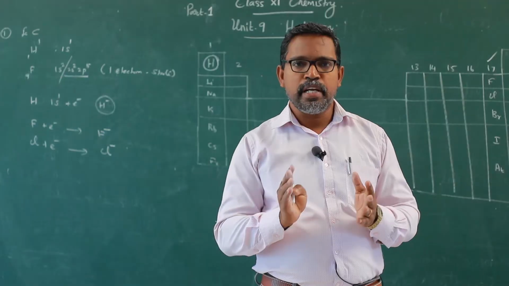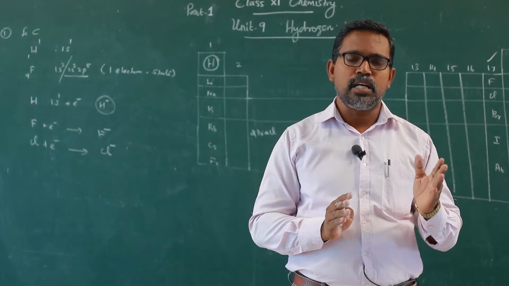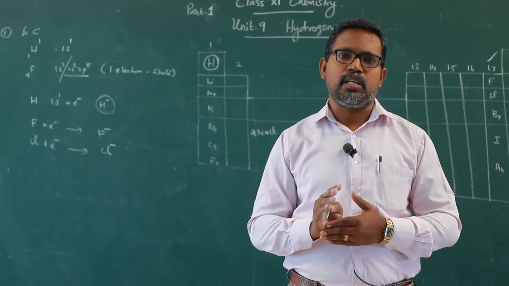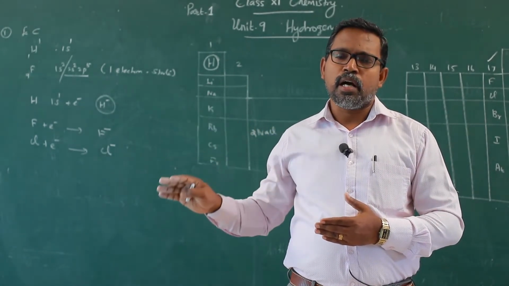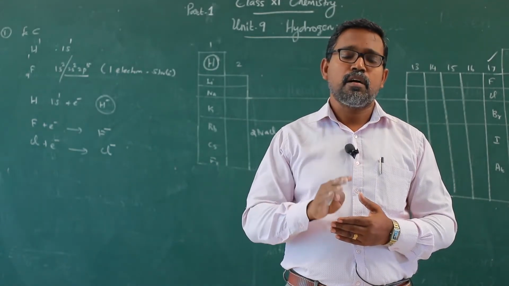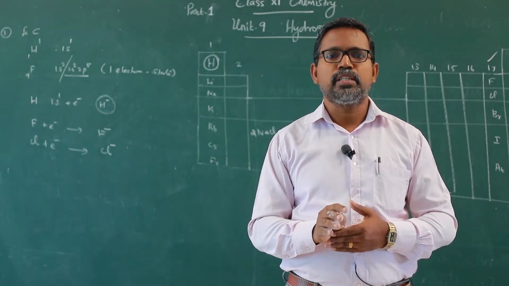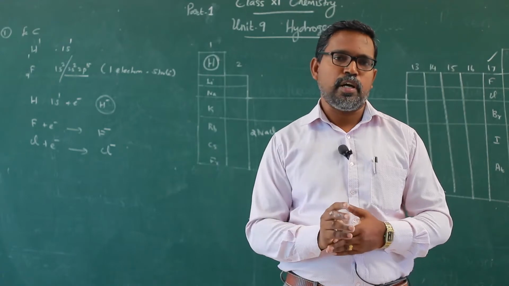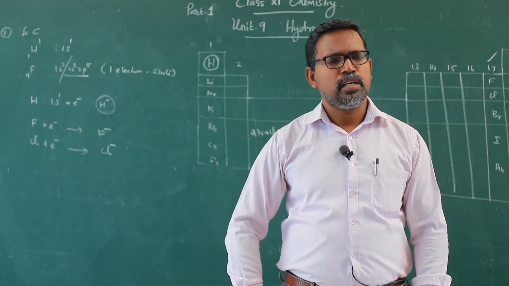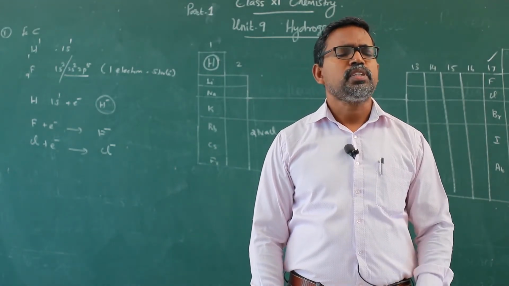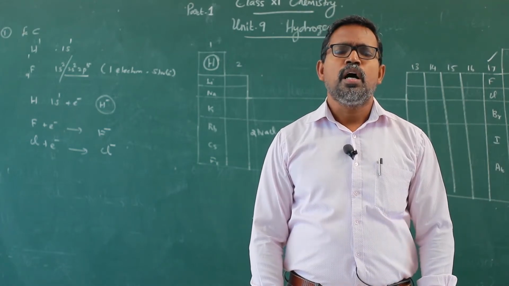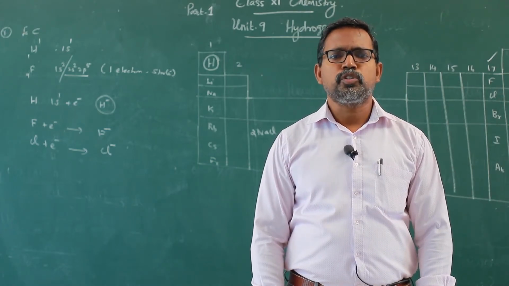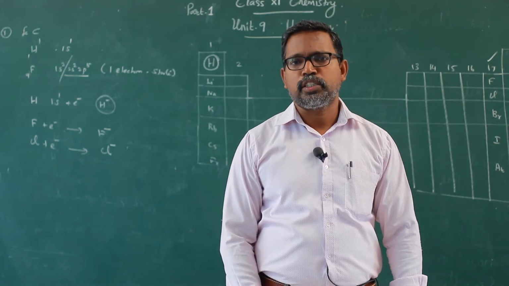So first we discussed how hydrogen resembles the alkali metals, and after that how hydrogen resembles the halogen family. So strictly speaking, it is very difficult to locate the exact position of hydrogen in the periodic table.